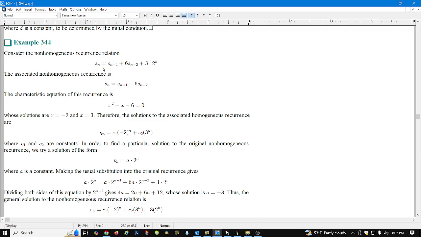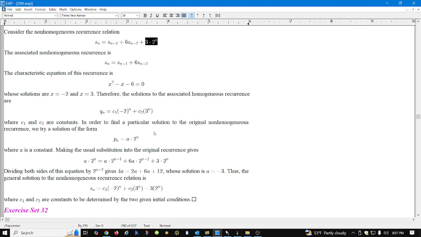Finally, here is another non-homogeneous recurrence relation. F of n is 3 times 2 to the nth power. So the associated homogeneous recurrence, characteristic equation, get the solutions. Here's the general solution to the homogeneous recurrence.